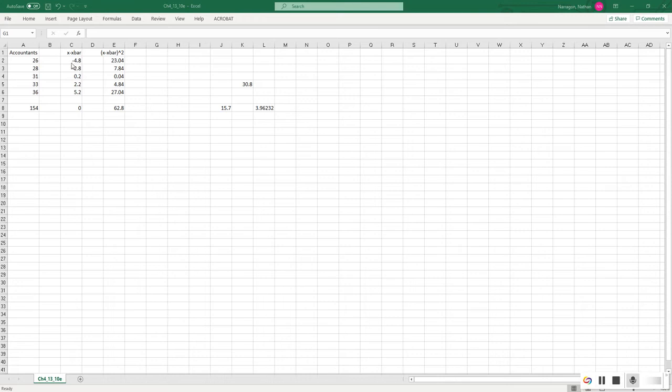So again, we have x minus x bar, and we're going to have this equal to these numbers divided by our standard deviation. So again, we've got to have x minus x bar divided by our sample standard deviation.